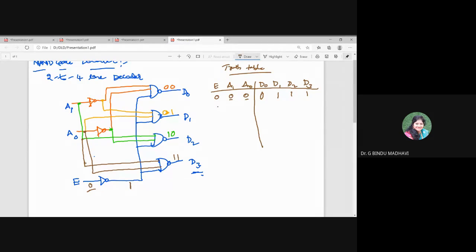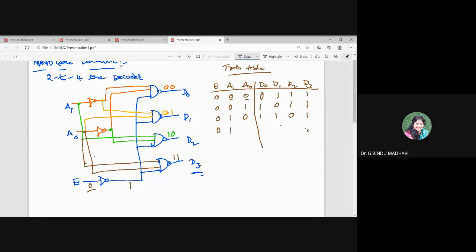Next, E equal to 0, A1 and A0 is 0 1. Which will be active? D1 is active, and remaining all are ones. Next, 1 0 means D2 is 0, remaining all are ones.